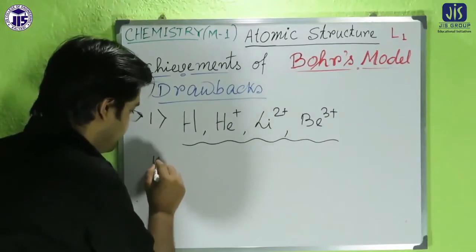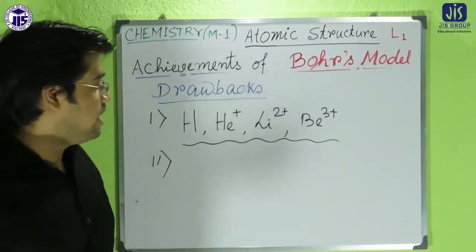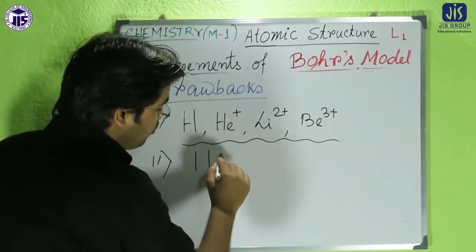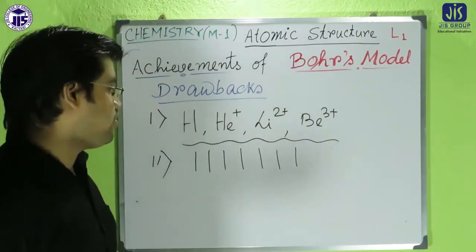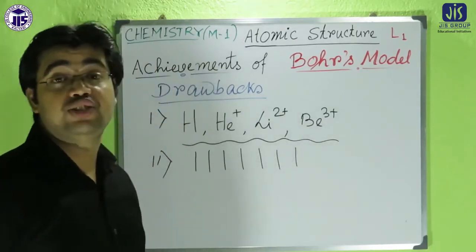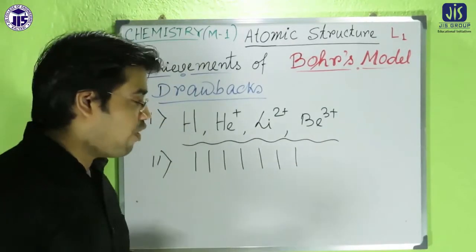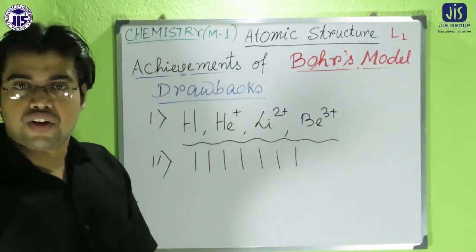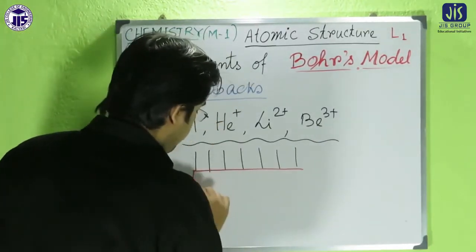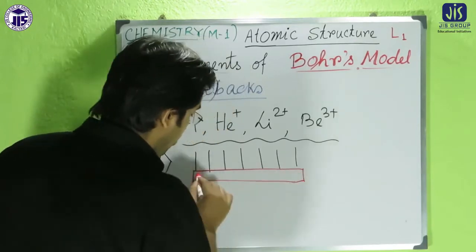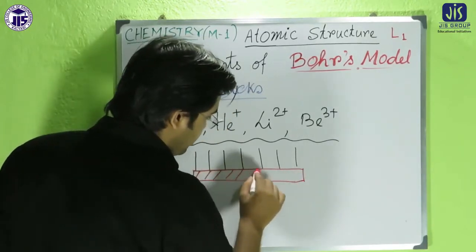Second drawback: the line spectrum, which was successfully explained by Niels Bohr and was the indication of the energy levels in the Bohr model. Each and every line in the spectrum is again split in the presence of a high resolving power spectrophotometer.